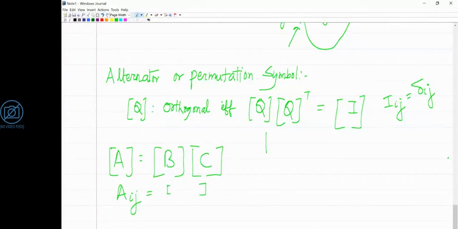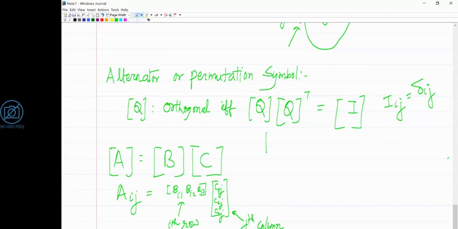So the ith row and jth column is obtained by multiplying the ith row of B, which is bi1, bi2, bi3, with the jth column of C, C1j, C2j, C3j. So that's the ith row, and this is the jth column.